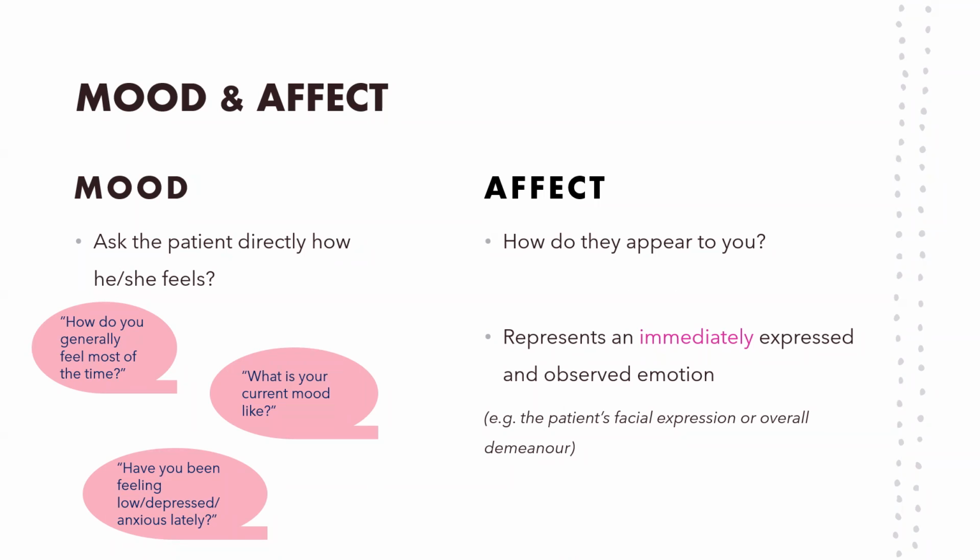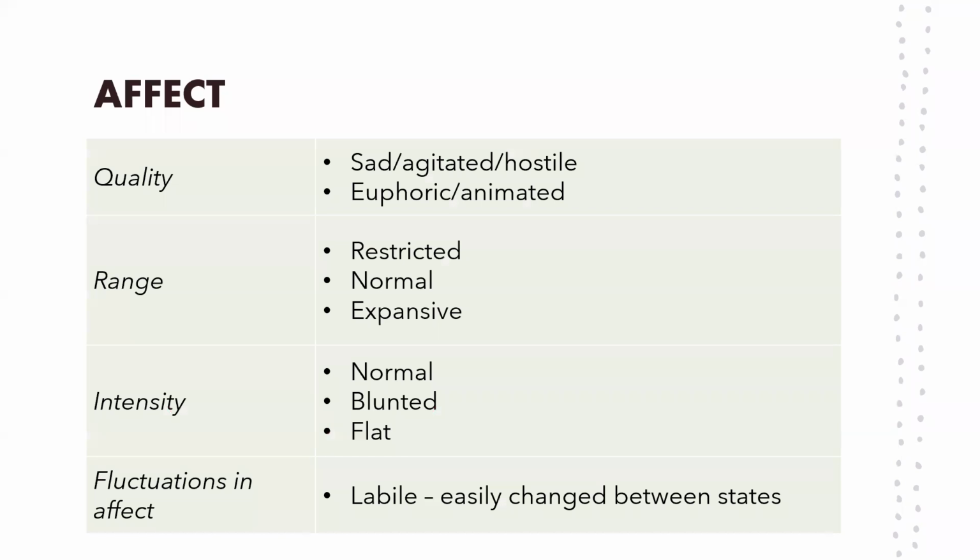Affect is the outward expression of the patient's current feeling state, meaning how you think they feel. So this is not by asking questions, this is just basically by your assessment. So some words that you can use to describe affect is, for example, if again they're sad or agitated.